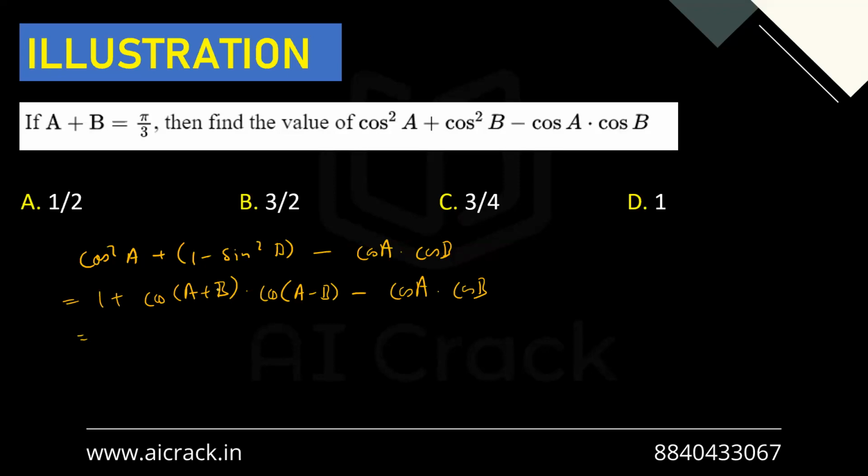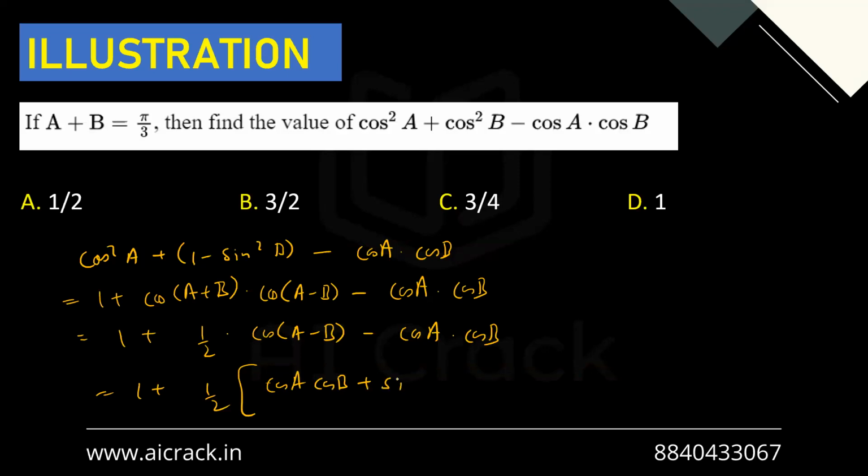Now cos of a plus b is nothing but 1 by 2. So this becomes 1 plus 1 by 2, since cos of pi by 3 is 1 by 2, dot cos of a minus b minus cos a dot cos b. Now cos a minus b is cos a cos b plus sin a sin b.